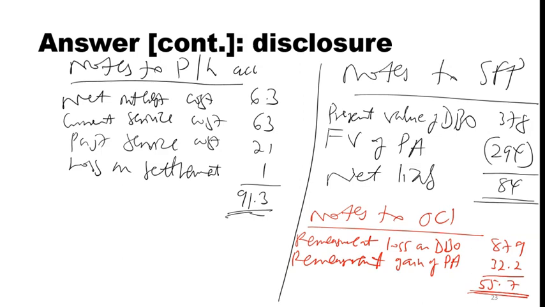So an asset ceiling is just a way of saying we need to report in terms of the substance over the form. We need to report the substance over form. So usually what happens is these defined benefit pension plans usually run in deficit, where the obligation would be exceeding the plan assets.